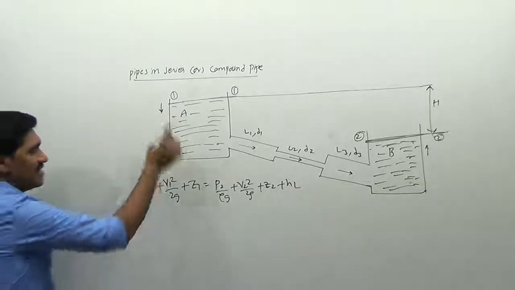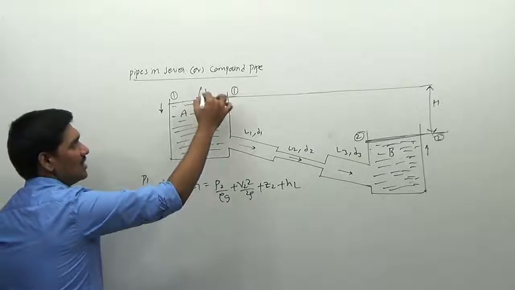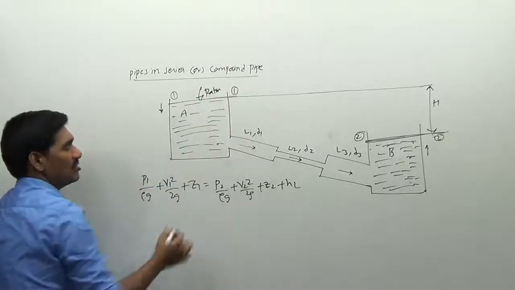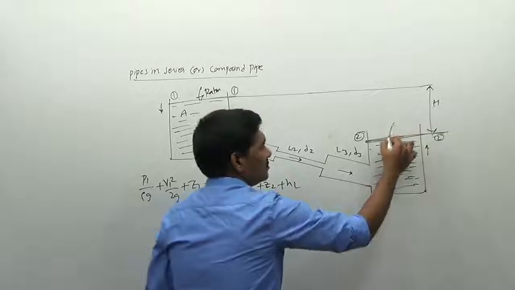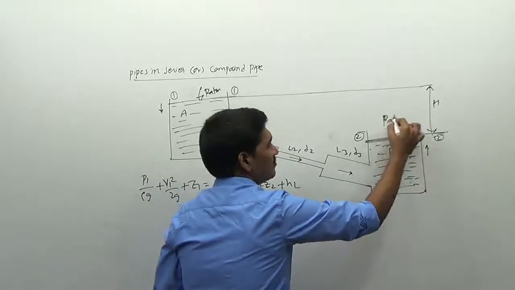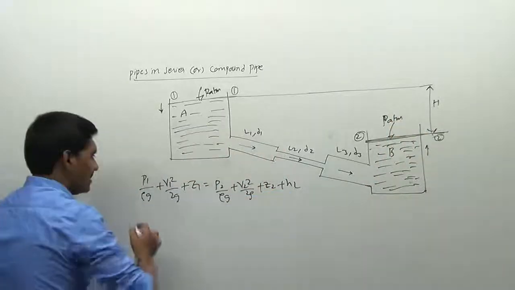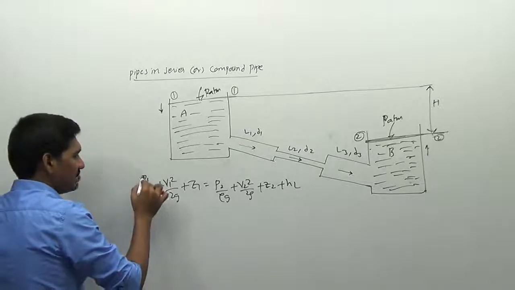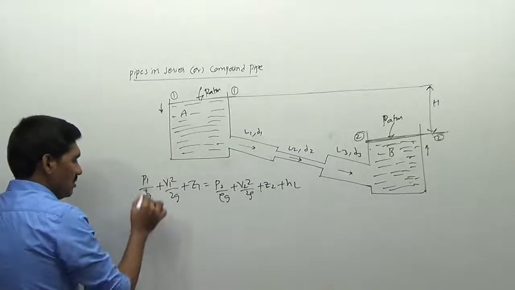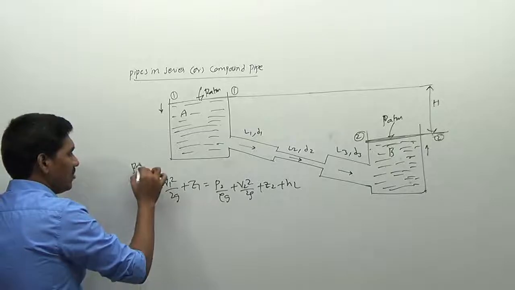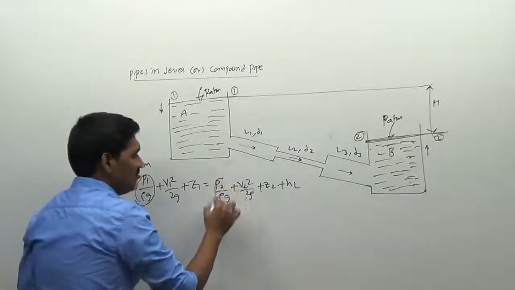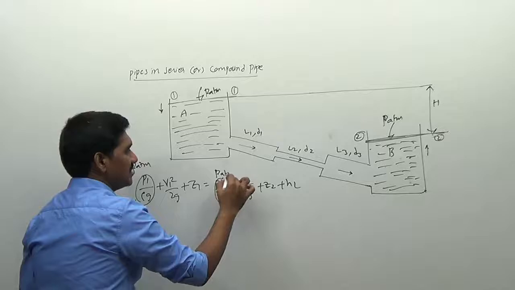Okay. So what is the pressure acting at this surface? It is always equal to the atmospheric pressure I can say. At this surface also atmospheric pressure is acting. Therefore I can write this value as P is equal to atmospheric pressure head, and this value will also be equal to atmospheric pressure head.